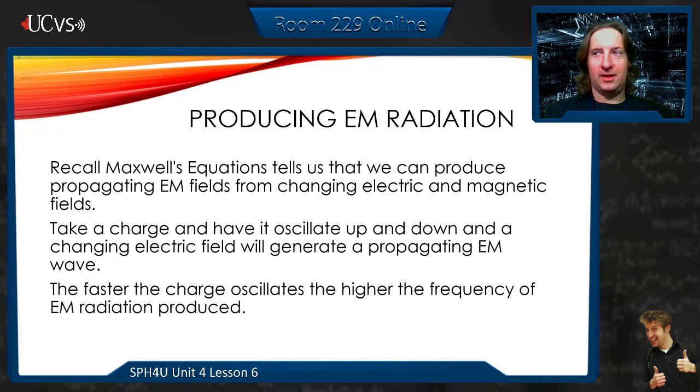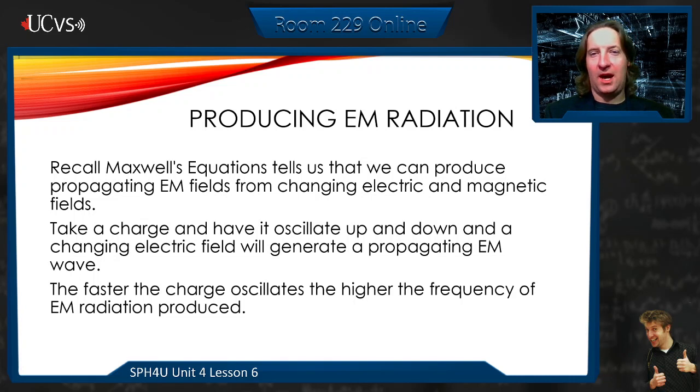Let's say I take a wire. A wire is some sort of conductor, and it's made of a metal, which means that there's electrons allowed to move freely throughout the whole thing. And I take those electrons and I move them up and down at a frequency, let's say at a couple hertz.